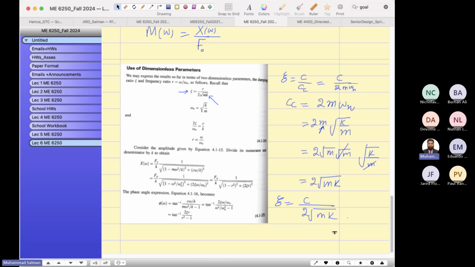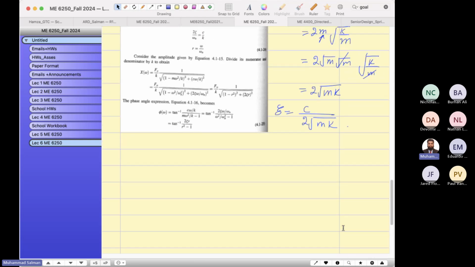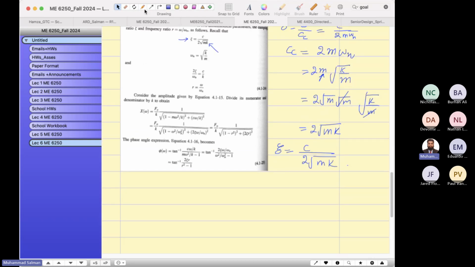And let's see how we come up with other formulations. You already know the formula for the natural frequency is given by square root k over m. But how do you get this formula? Let me show you. The left hand side is 2 zeta over omega n. How is it equal to c over k?